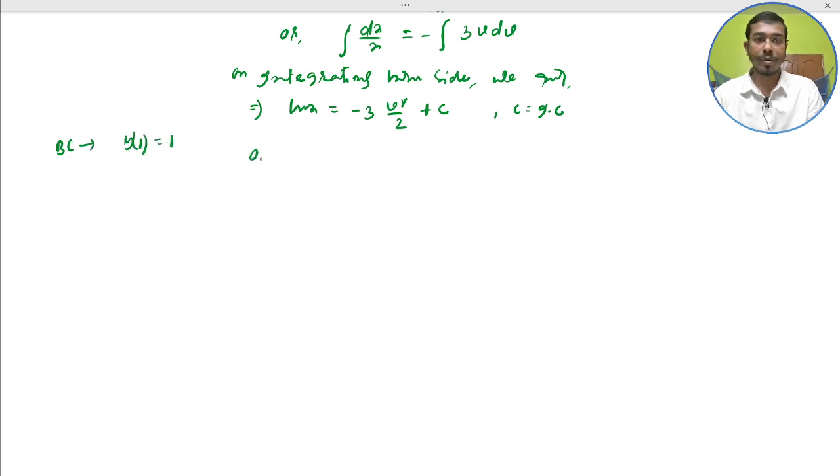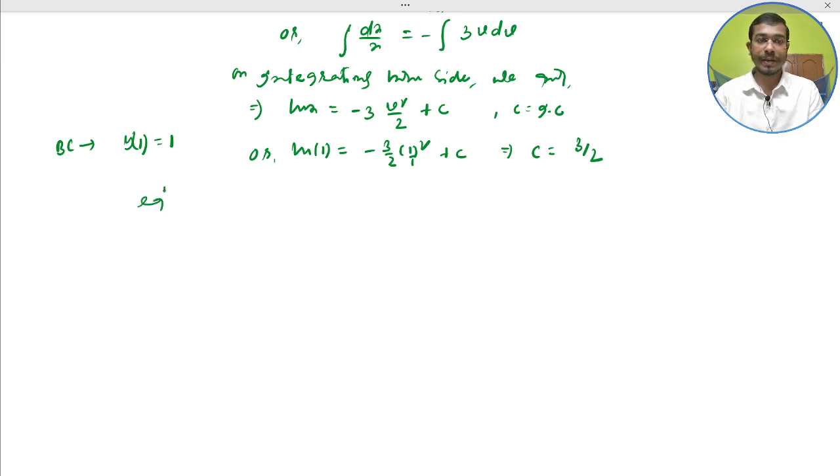Put this value: ln 1 equal to minus 3 by 2 v square, with v meaning y by x, so 1 square, plus c. You get the value of c as 3 by 2.